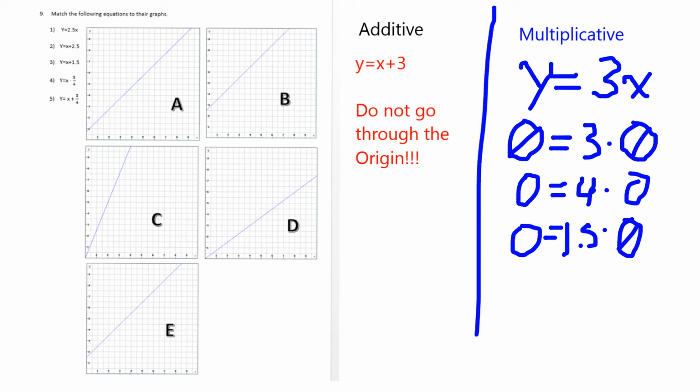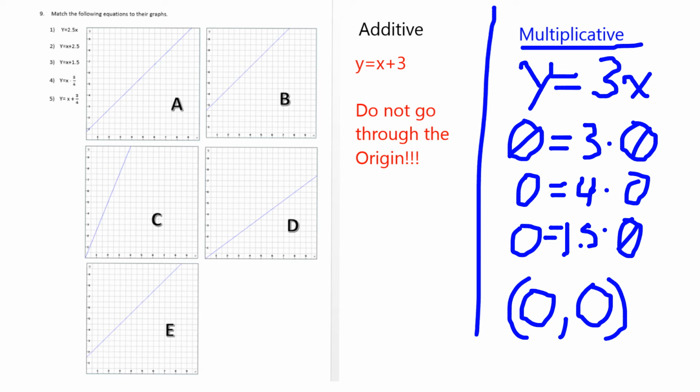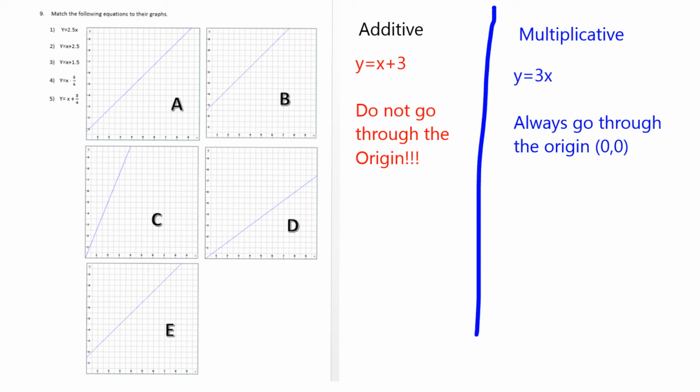Anything I multiply 0 by is going to give me 0. So when x is equal to 0, y is also equal to 0. With the multiplicative equation, it's important to realize that it is going to go through the origin, the point 0, 0 on your graph. So I'm going to erase that and write it more neatly for you to see.